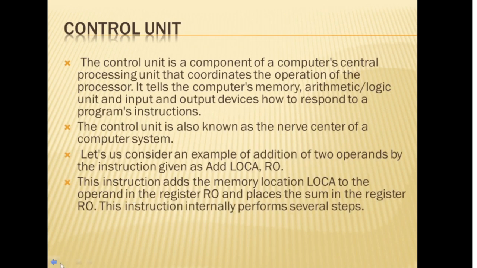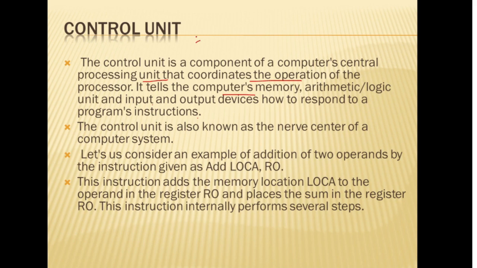The control unit is one of the important units in our CPU. It is the component that coordinates the operation of the processor. It tells the computer memory, the arithmetic and logic unit, and the input and output devices how to respond to the program instruction.